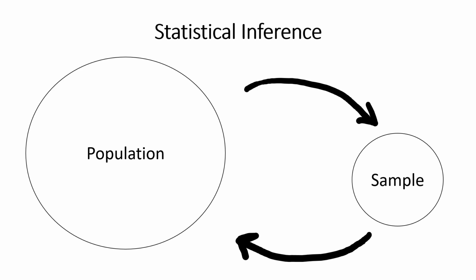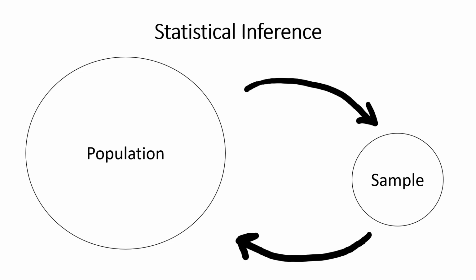And we talked about how important it is to have a sample that's representative of the population, preferably by taking a randomly selected sample from the population. And we're going to throw in some new vocabulary here.